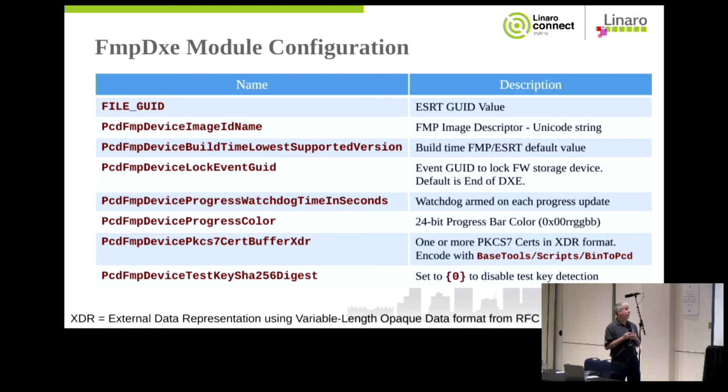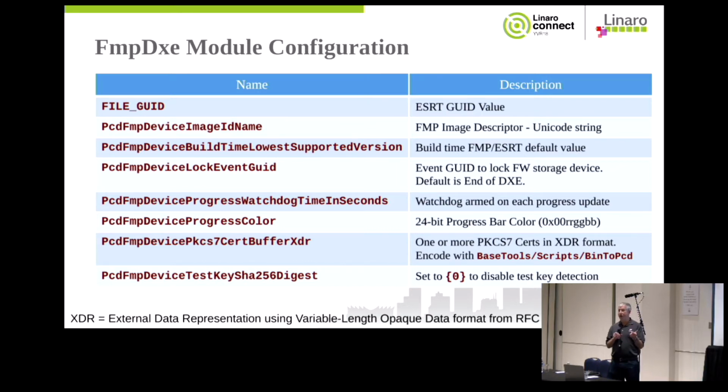That's the unique identifier for your device that's updatable, along with the name of your device, a Unicode string, so it can be named correctly out of the Firmware Management Protocol, as well as when do you want to lock your flash device down. Typically that's at the end of DXE, but a platform may choose a different lock point for all their firmware storage devices.